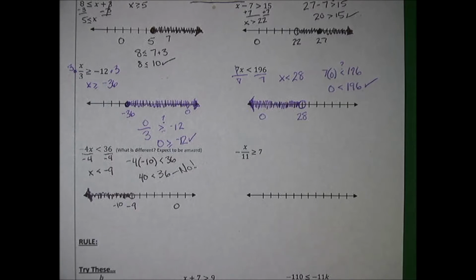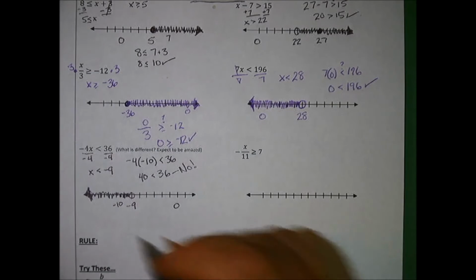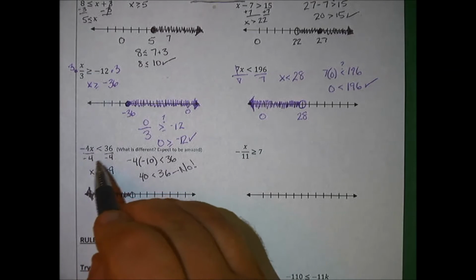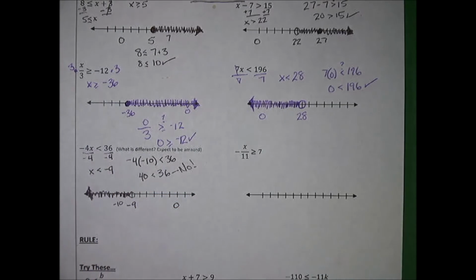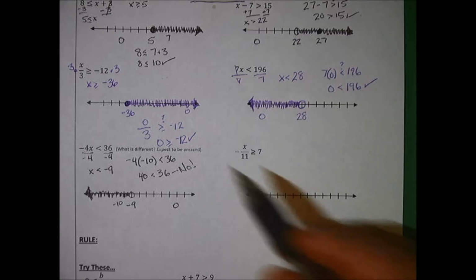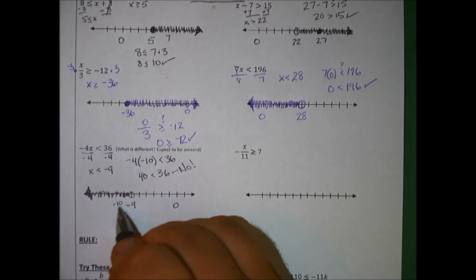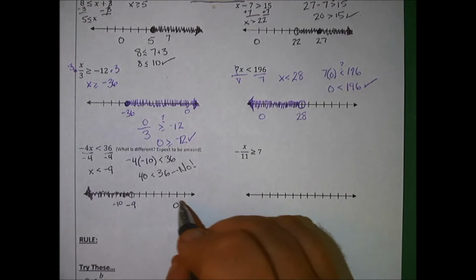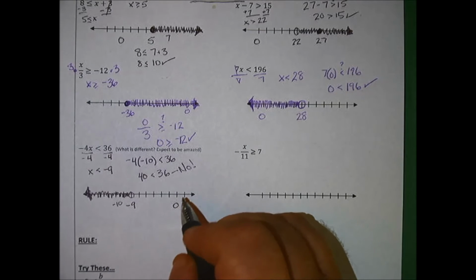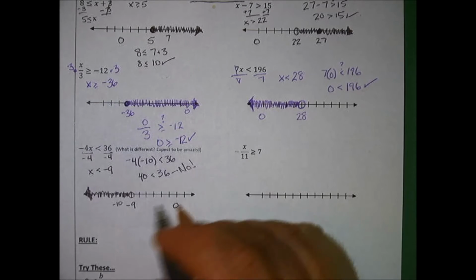I mean, if you know the trick here, then that's great for you. I'm proud of you. Hopefully you remembered it. But the key here is that whenever you divide by a negative, it kind of throws things off. All right. And so let's check another number. Your gut tells you that if negative 10 didn't work, well, what happens if I use 0? Okay, because 0 is on the other side.